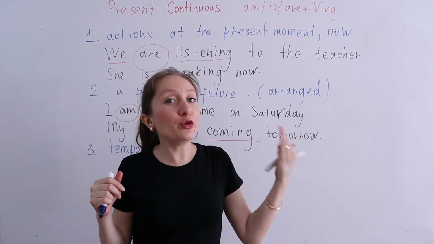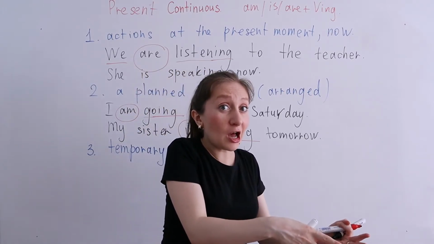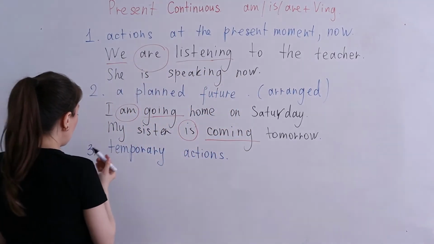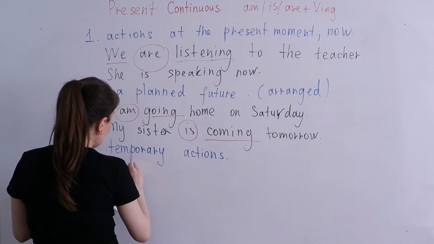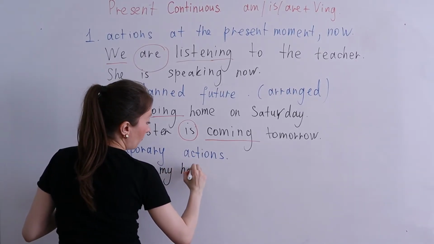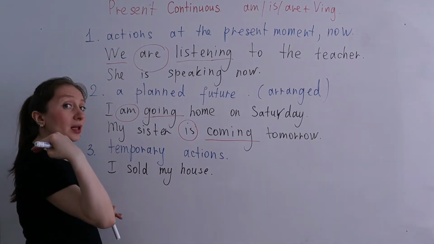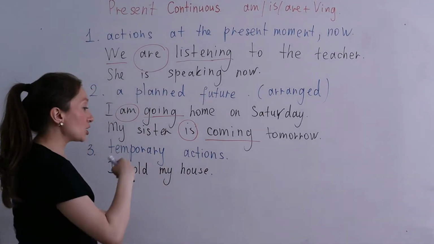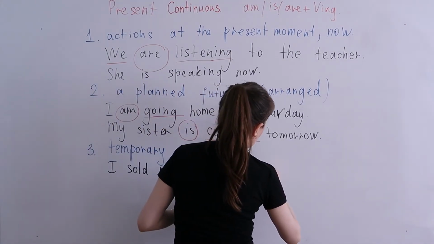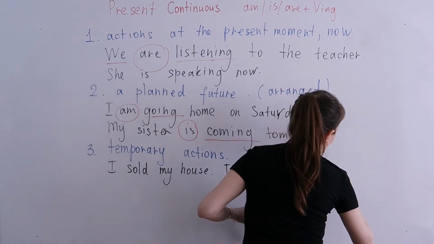I want to buy a new house, so I'm living in my sister's house right now, right? Let me write it for you and then explain. I sold my house. So the verb sold is past simple of the verb sell. I sold my house. I want to buy a new house.